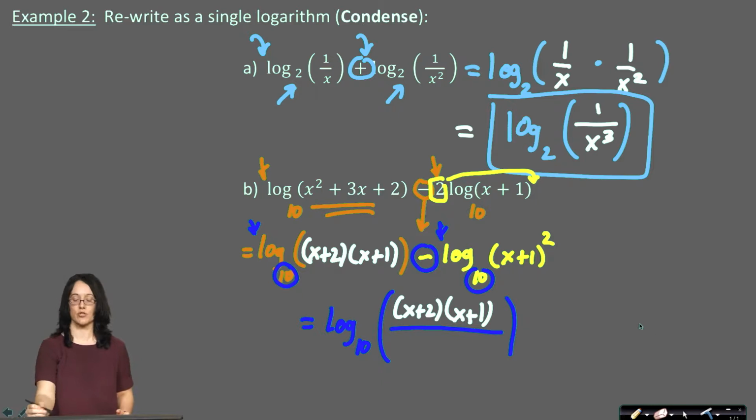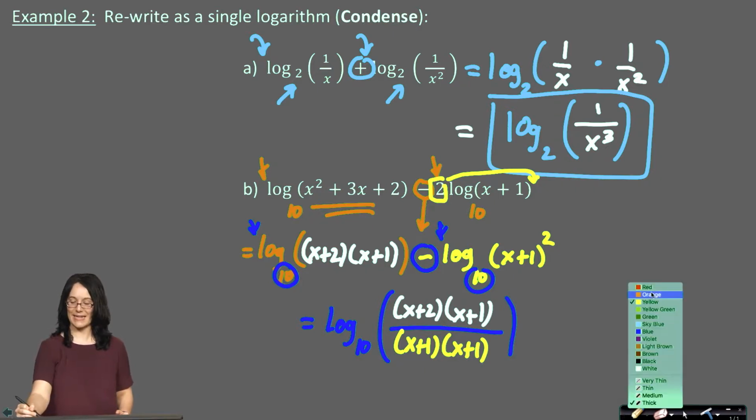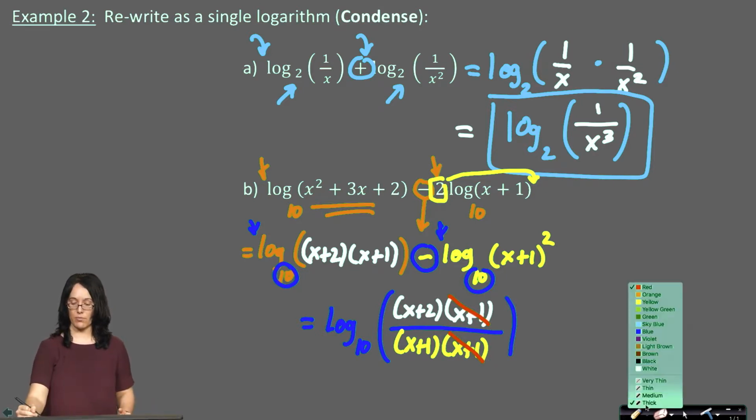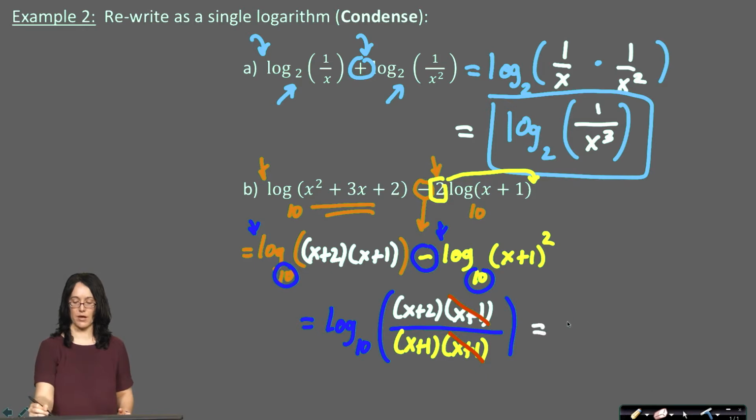Instead of x plus 1 squared, I could write x plus 1, x plus 1. Why do you think that's more helpful to my reader? Well, that's right, because they can see that it cancels, doesn't it? Death to you, death to you. x plus 1 cancel, leaving me with my final answer of log base 10 of x plus 2 over x plus 1.